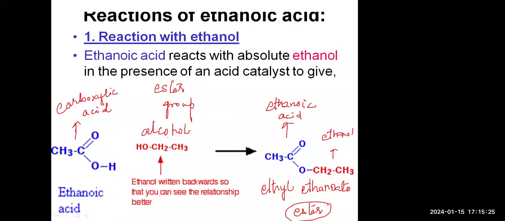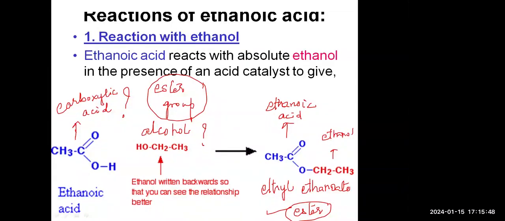Methanol, ethanol, propanol, butanol, pentanol, hexanol, any one. Then the same thing happens and we get a compound called ester. So that's why I told ester is a group of chemicals. The specific name will depend on which carboxylic acid is reacting with which alcohol.